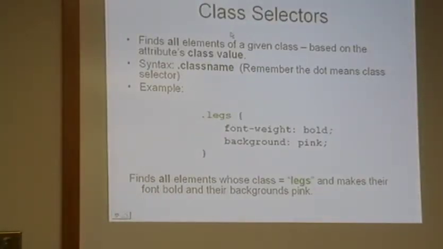The second type of selector is the class selector. Right here we have a class name called legs. We can have many different legs, and we can apply styles to elements that have the class name equal to legs.